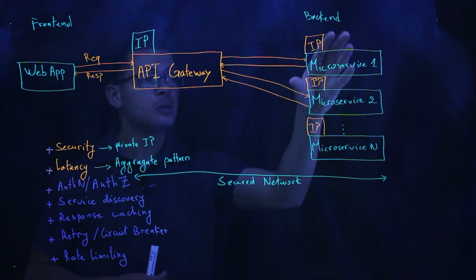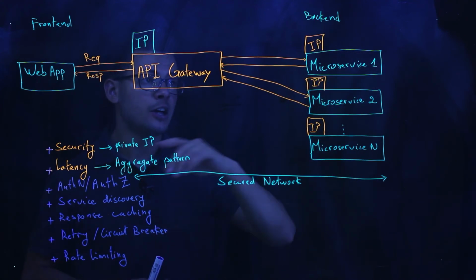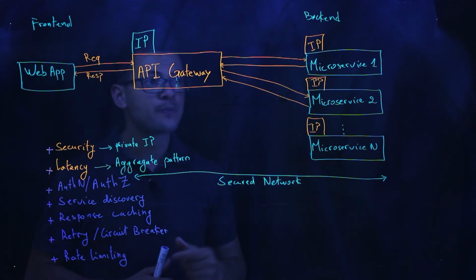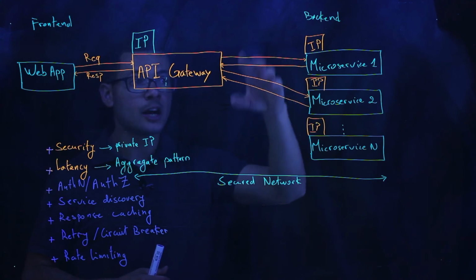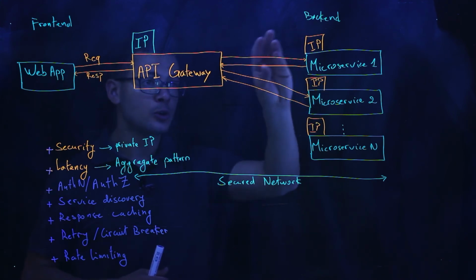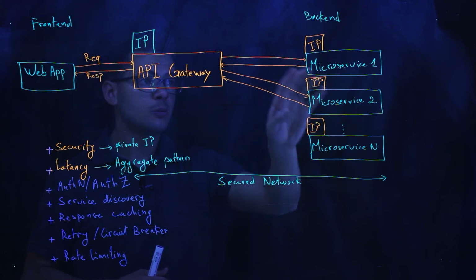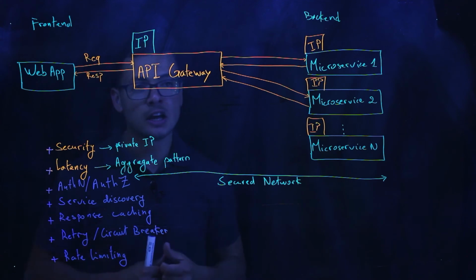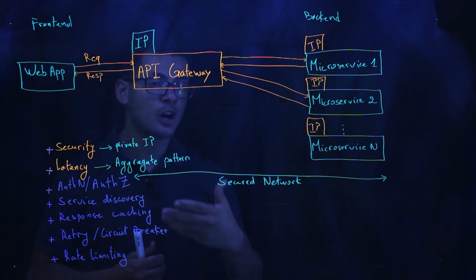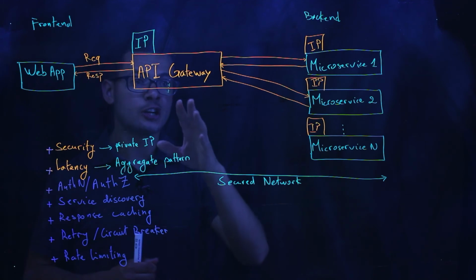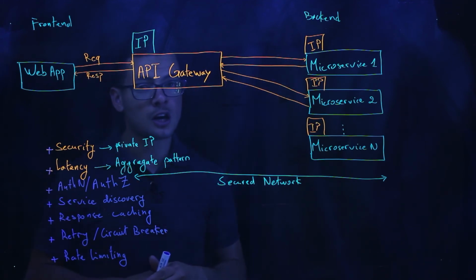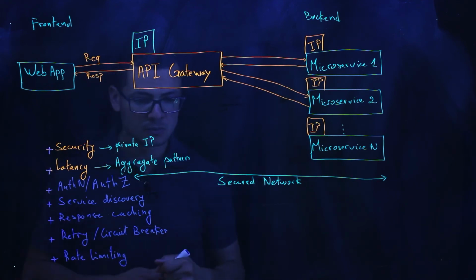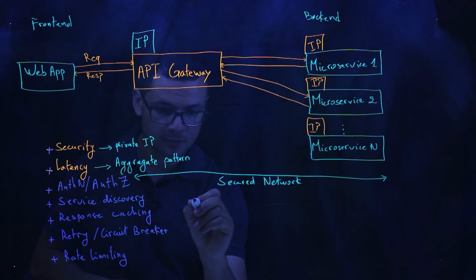If I have multiple instances of microservice number 1 and I want to load balance the requests between those different instances, then instead of adding some code or some API right before microservice number 1, I can implement that inside the API Gateway, and define multiple policies for distributing the load or the requests across the different instances of my microservice. So again, that's load balancing.